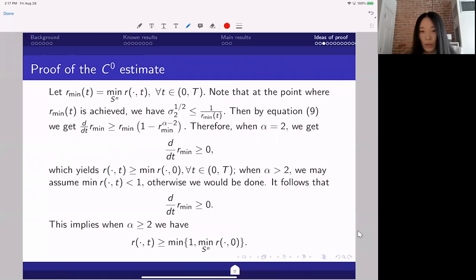So we have a lower bound for r. Similarly, we consider r max of t equals max r, and then dr max dt is less than or equal to 0, so we have an upper bound. So this is the C0 estimate.